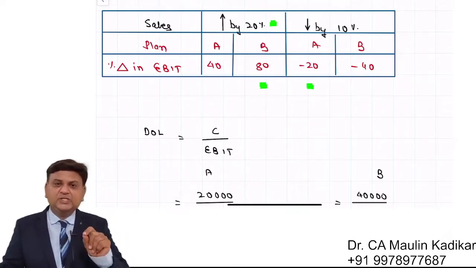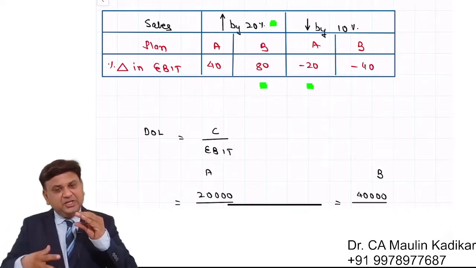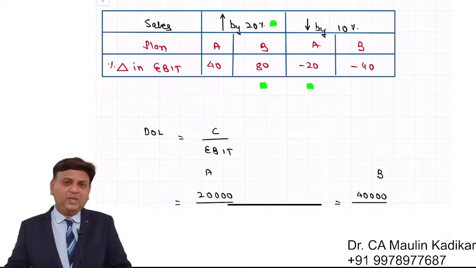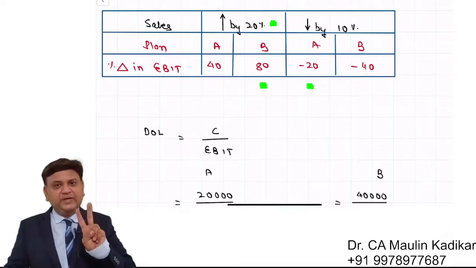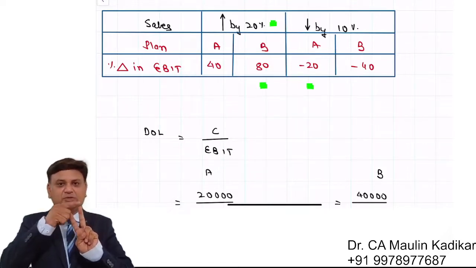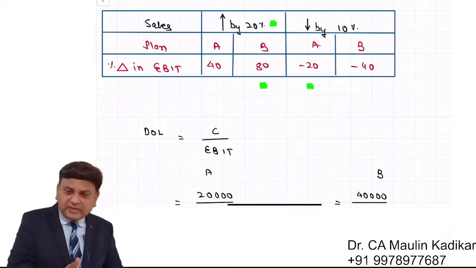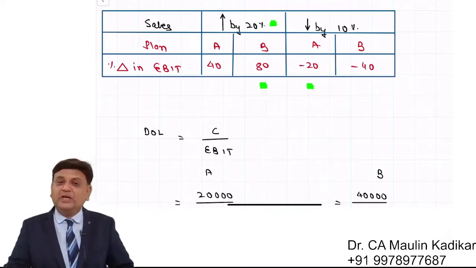However, in case of a plan which has lower leverage, the reduction in the operating income will be at a lower rate. You can see that when the sales is falling down, for both the financial plans the EBIT reduces. But in case of plan A, it reduces by only 20%, and for plan B, it reduces by 40%.